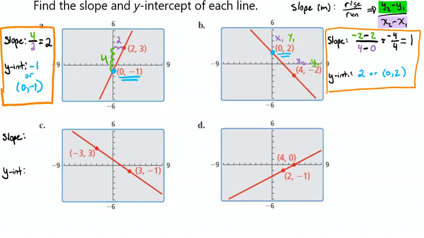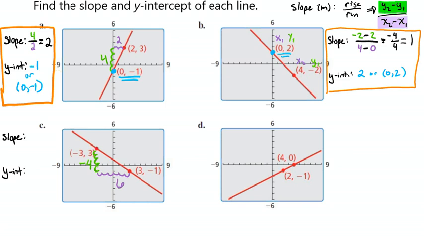I'm going to count on this one, and I see that I'm going to go down 1, 2, 3, 4. So I went down 4. It's a little bit harder to count on this one. And I'm going to run, let's see here, 1, 2, 3, 4, 5, 6.